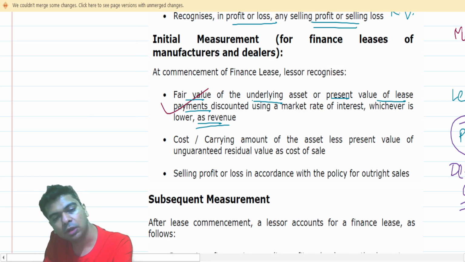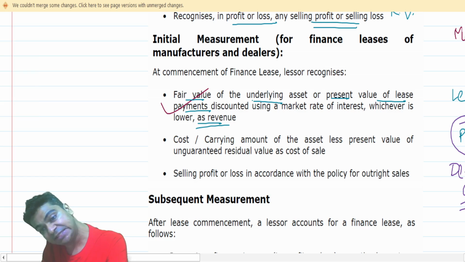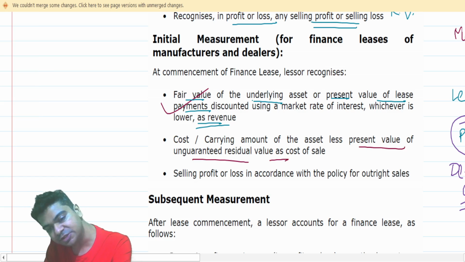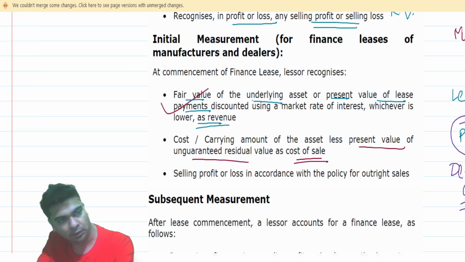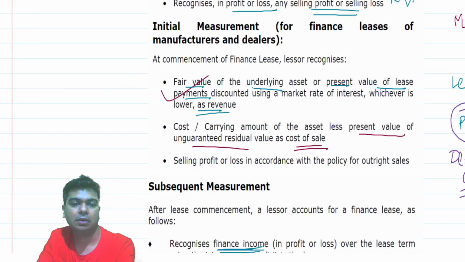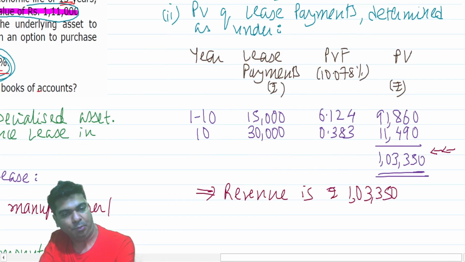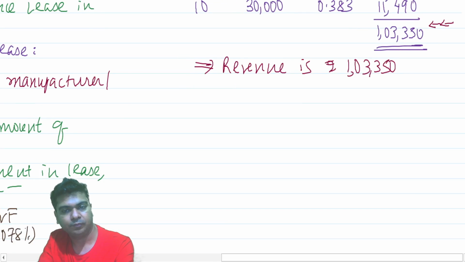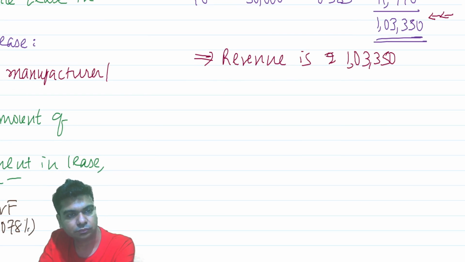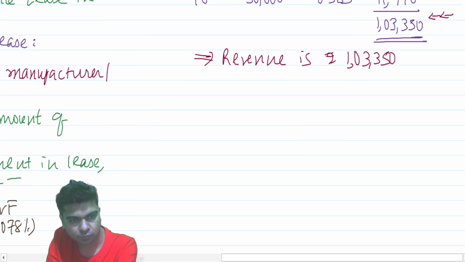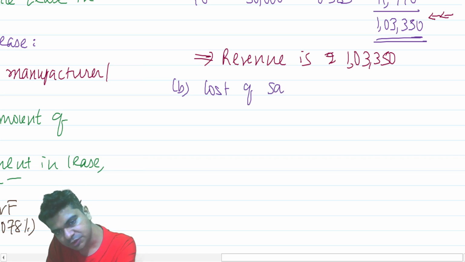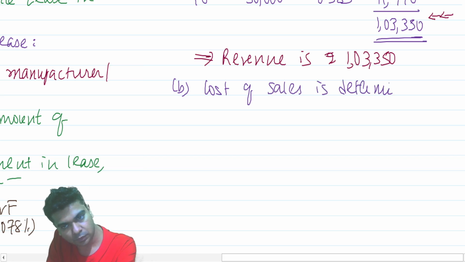Next, they are saying cost or carrying amount of the asset less present value of unguaranteed residual value as cost of sale. Okay. Point B. Cost of sales is determined as under.